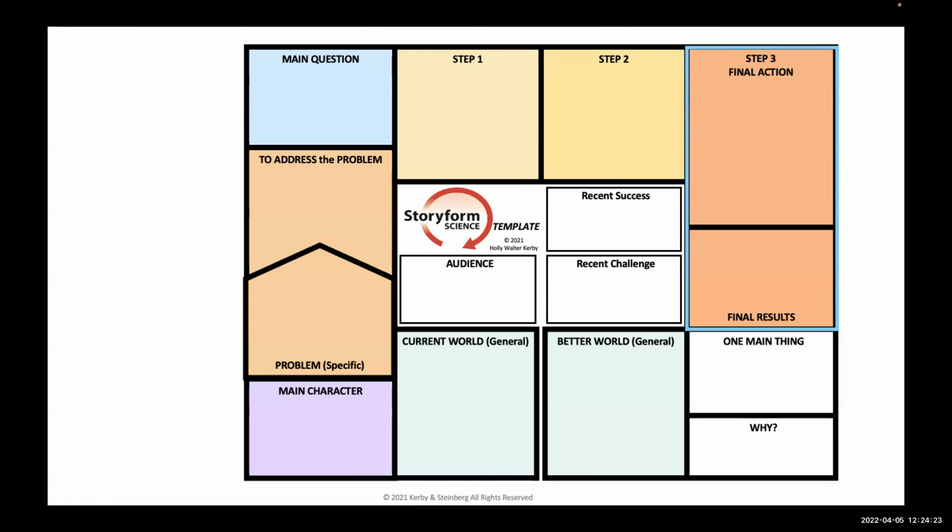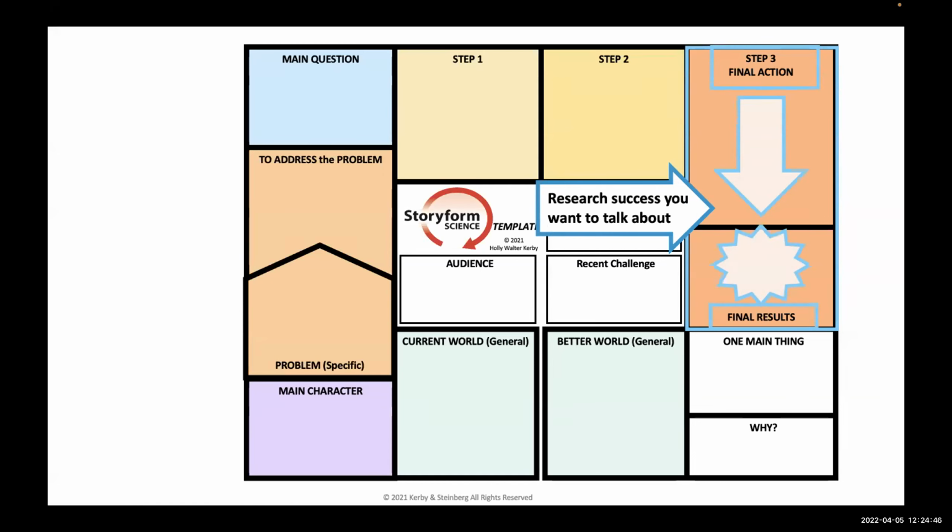And notice that the end is right here where you're going to talk about your recent research success. Now, notice that there's actually two boxes in the ending. The first one is the last thing you did before the success that actually got that final success to happen. And then the last thing is the final results of your final action.